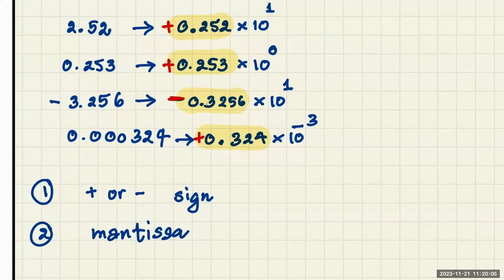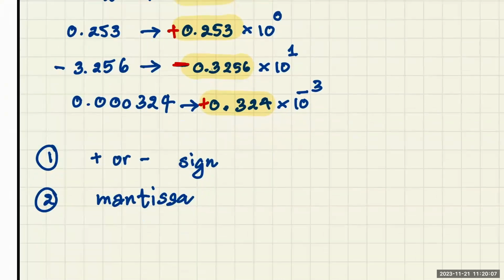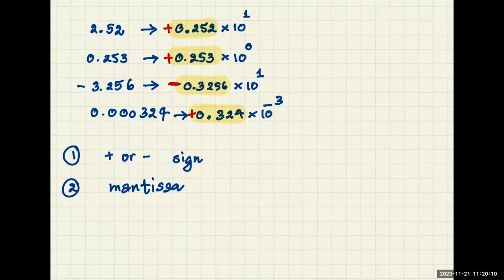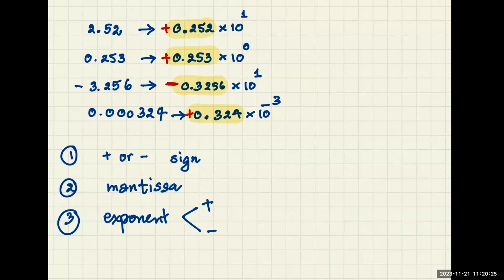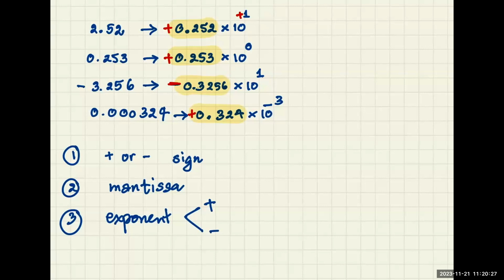And the third part is the exponent. For the exponent, we also have the sign, positive or negative, right? Because here we have positive 1, 0, positive 1, and negative 3.